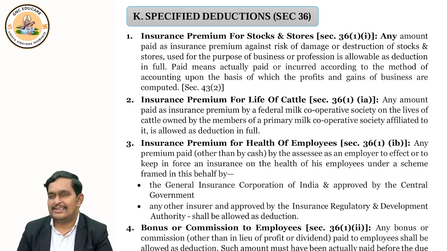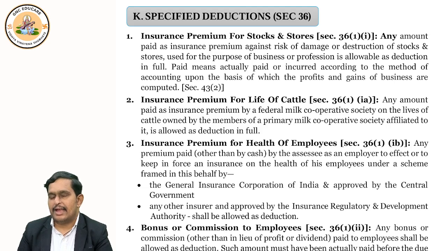Amul, the taste of India. Yes or no? Now, there are lakhs of cows maintained by farmers, and they all give milk, and all that milk is accumulated and sold as Amul milk. Basically, it is a cooperative society. It is not a company.